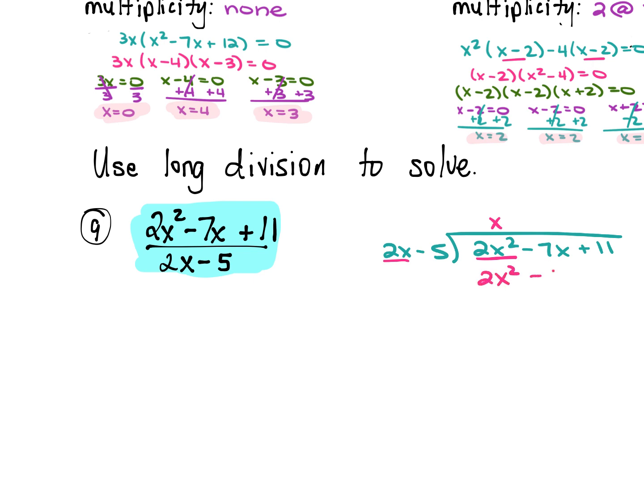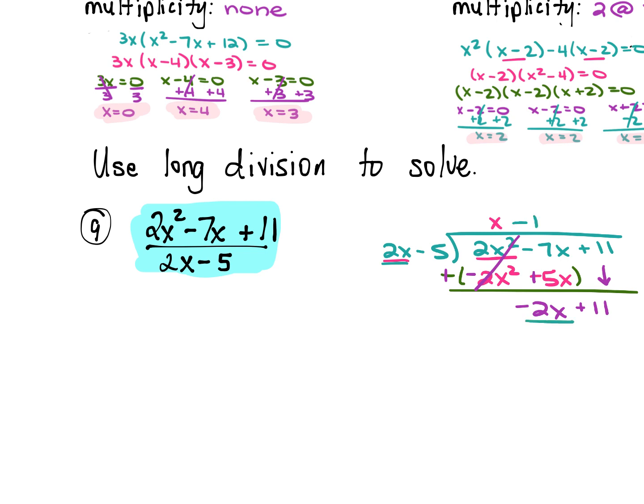X times negative 5 is negative 5x. You subtract these or add the opposites. The 2x squareds cancel. Negative 7x plus 5x is negative 2x. Drop the 11 down. Then you ask yourself, 2x times what is negative 2x? It's just negative 1.